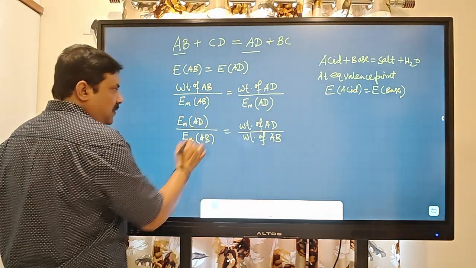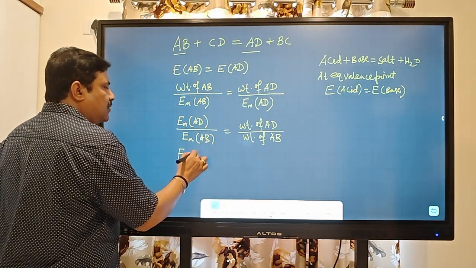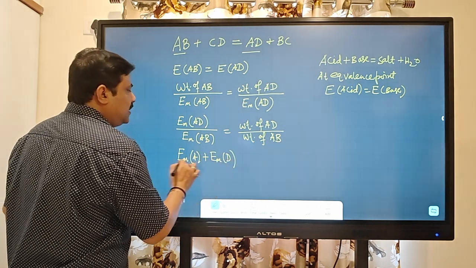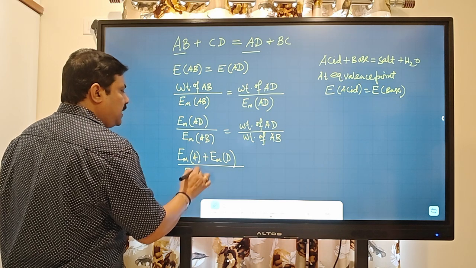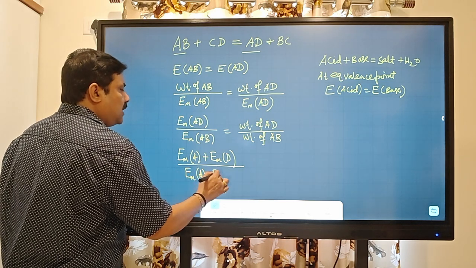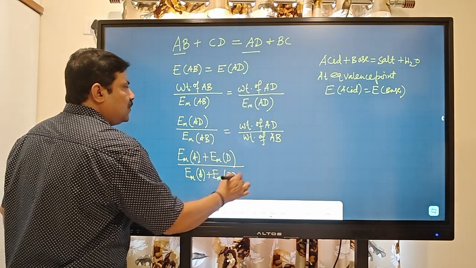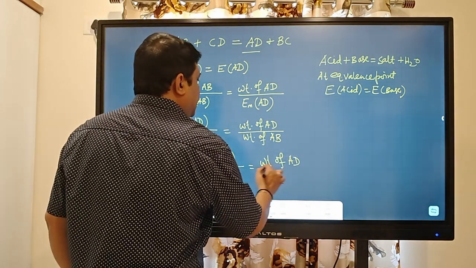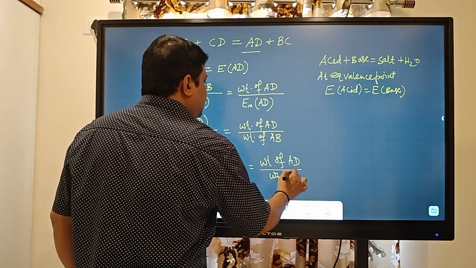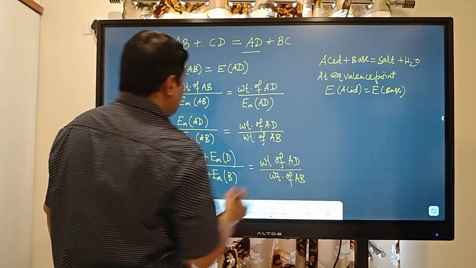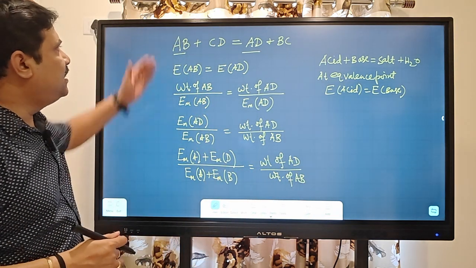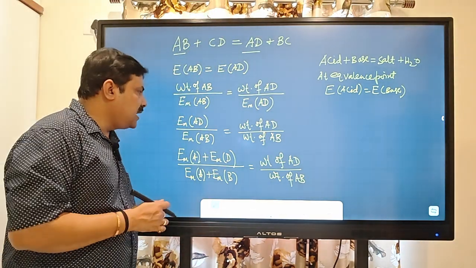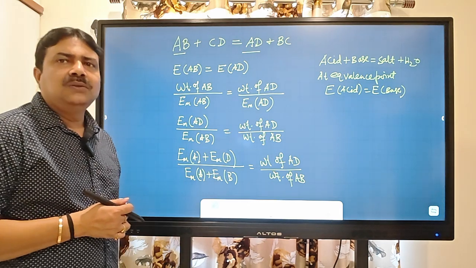And then equivalent mass of AD I can write as equivalent mass of A plus equivalent mass of D, by equivalent mass of A plus equivalent mass of B, equal to weight of AD by weight of AB. I can do these things. Simply I equated these two equivalents, and after that I did this. Whenever this type of thing is required, you can do it.